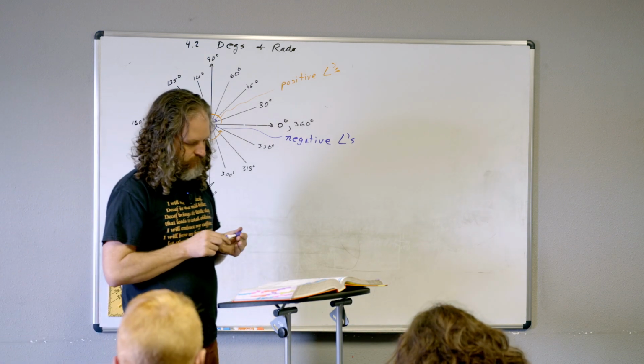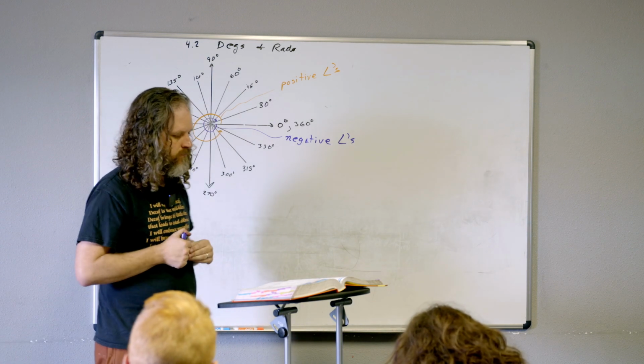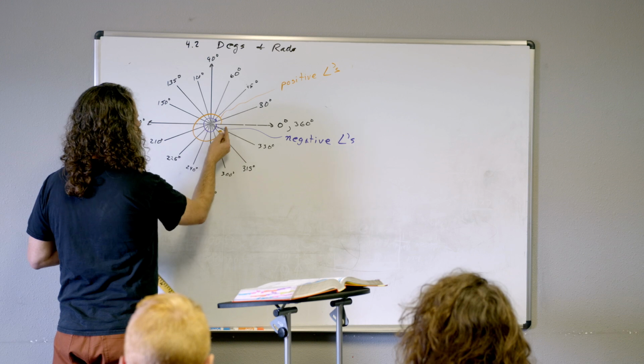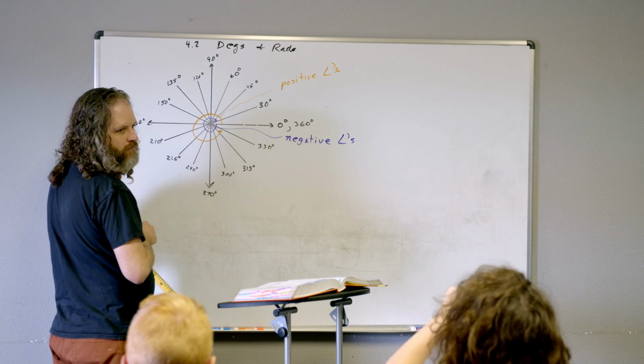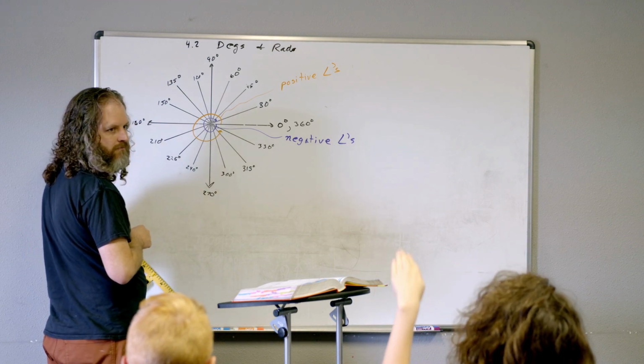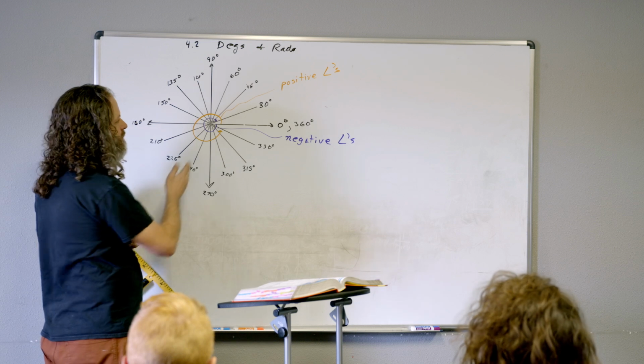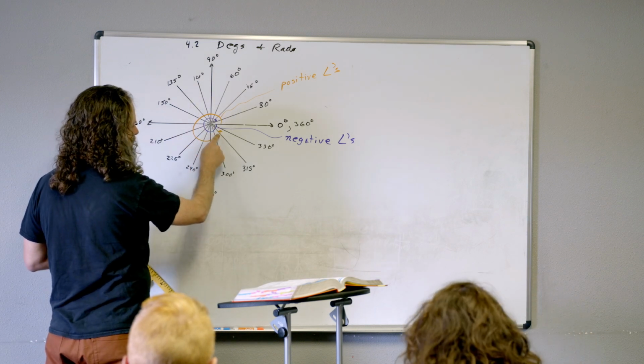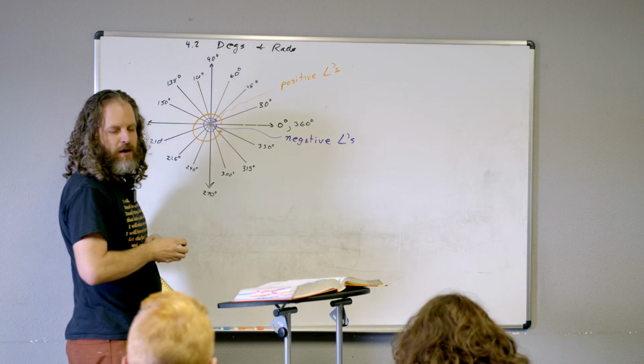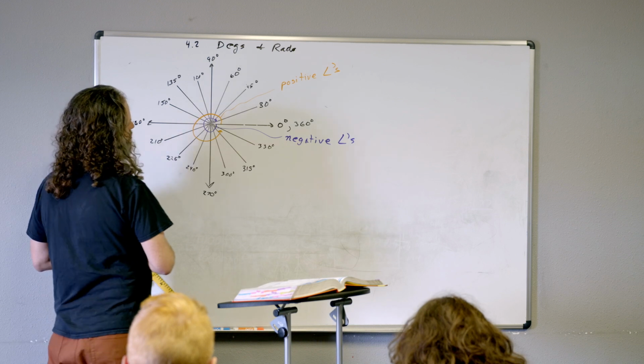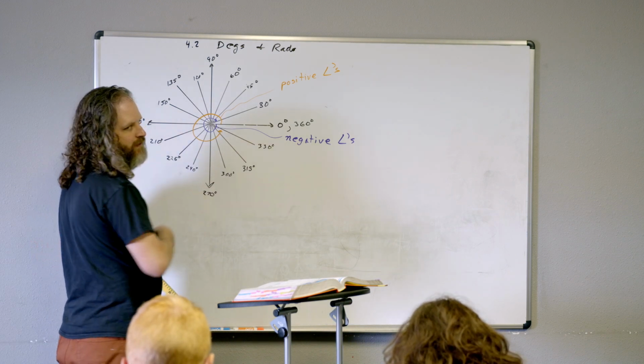You said clockwise is positive, counterclockwise is negative? Yes, but it's clockwise and counterclockwise of the graph, which just goes 1, 2, 3, 4. Going counterclockwise, that's why I've got the arrow going that way, is positive angles. Clockwise is negative angles.